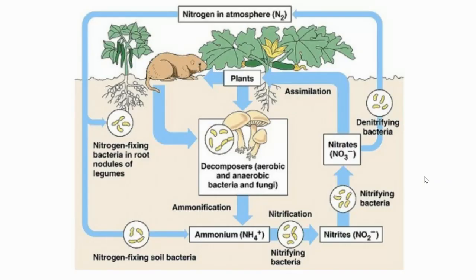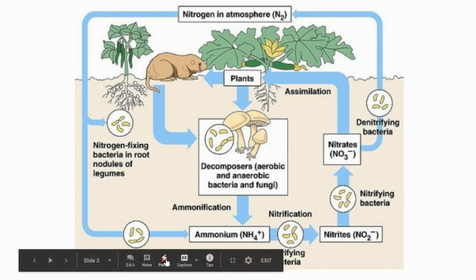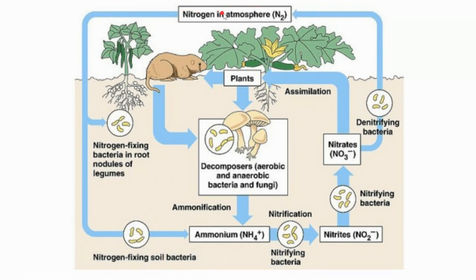So this is our nitrogen cycle. It is relatively simple compared to our phosphorus and carbon cycles, but I still want you to have a copy of this in your notes. It doesn't have to be this doodled, but just the arrows and the words will work. So if we start up at the top with nitrogen in the atmosphere, this nitrogen is stored as N2.